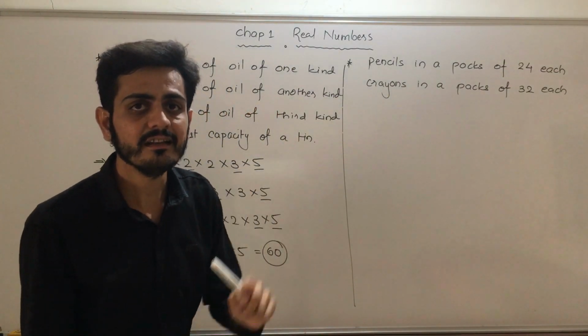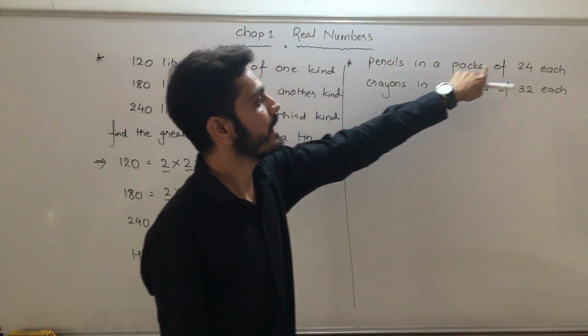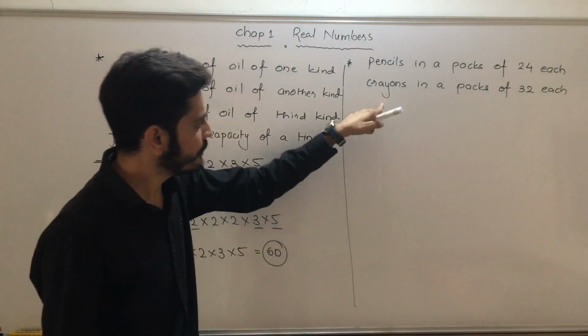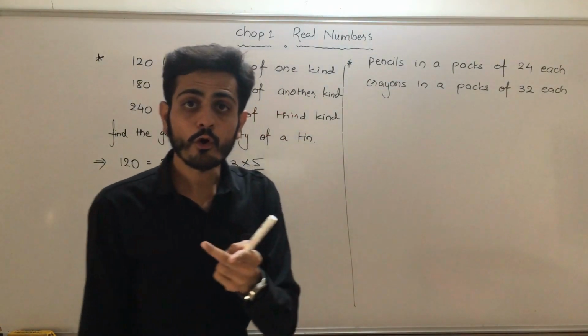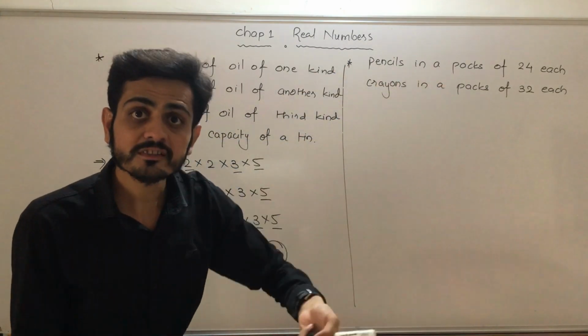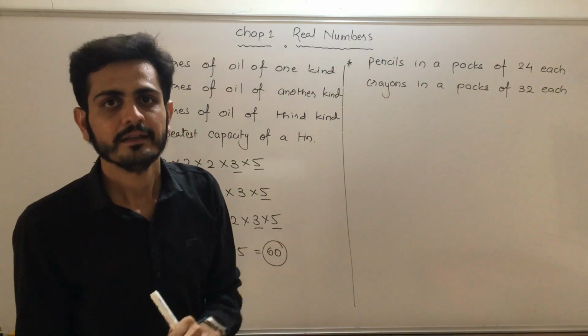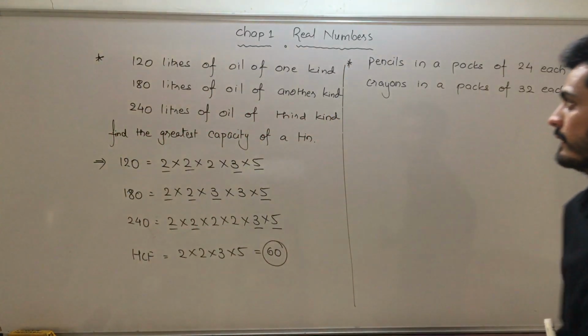Again I repeat the question. During a sale, pencils were being sold in a pack of 24 each, and crayons in a pack of 32 each. You want full packs of pencils and crayons without opening them, and also the same number of pencils and crayons.